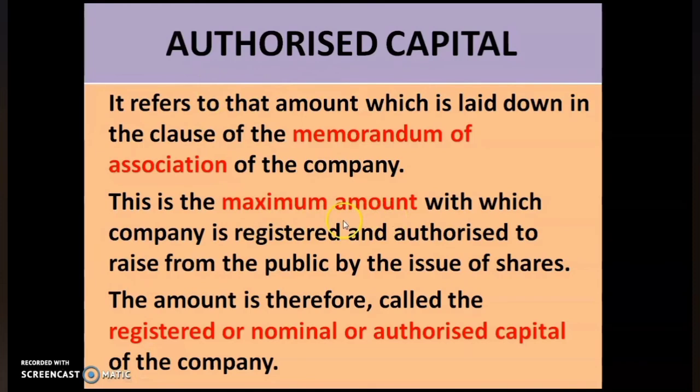Just remember it. Beyond that amount, the company is not allowed to take any single money. Not even 1 rupee should be collected. That is what is mentioned in the memorandum as authorized capital. It is the maximum amount. This authorized capital is also known as registered, nominal or authorized capital. So these are the different names for this authorized capital.